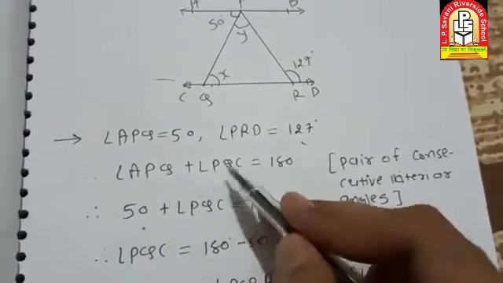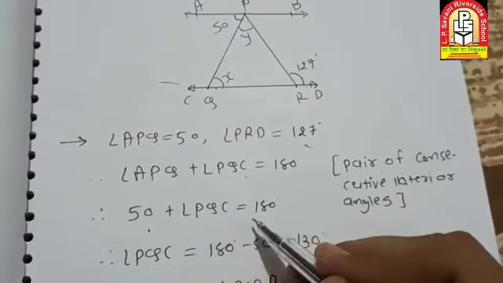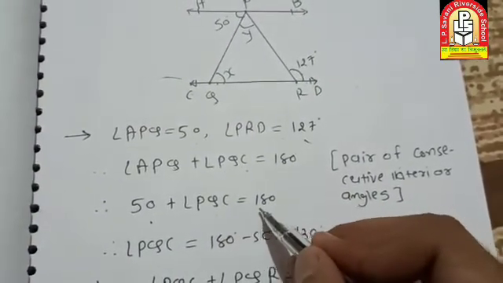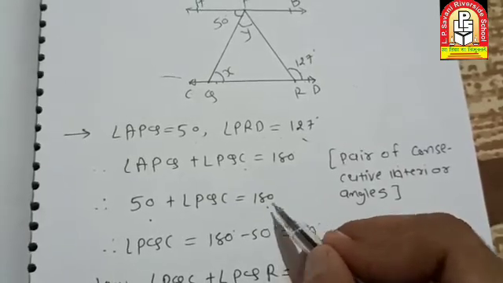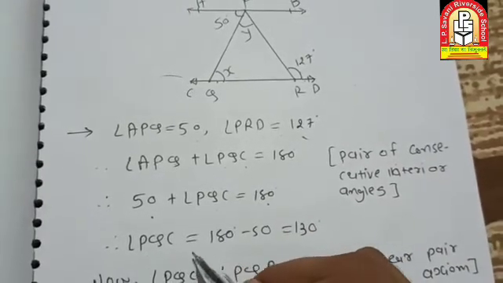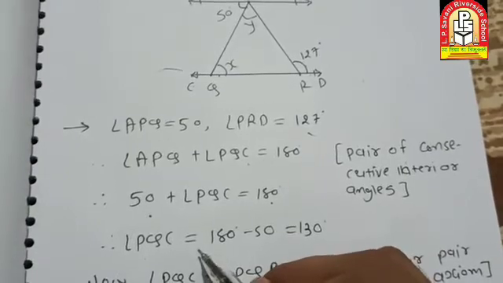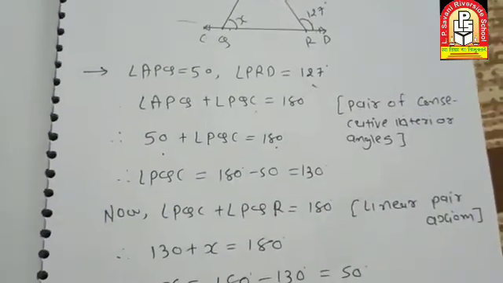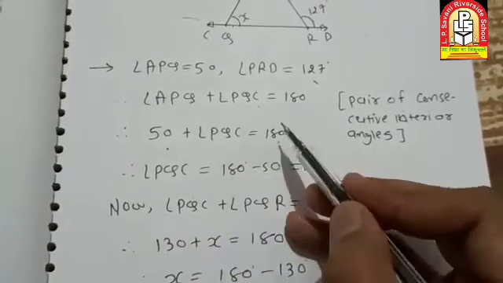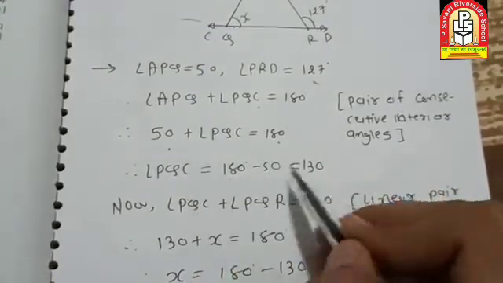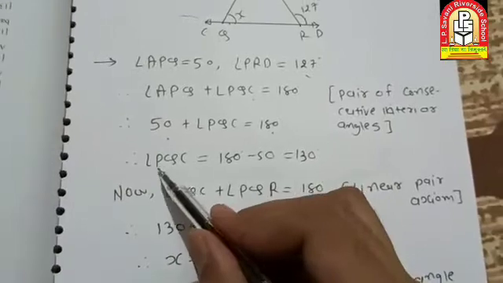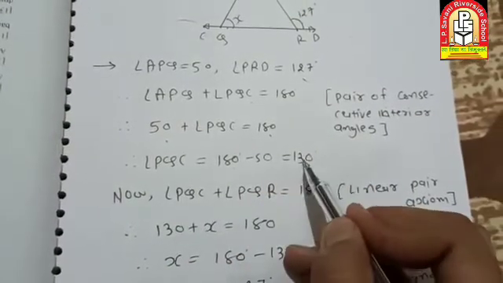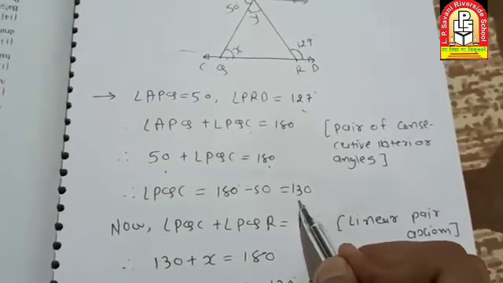APQ is equal to 50 and PQC we have to find, and the sum is 180. After that, PQC is equal to 180 minus 50, that is 130. So we get PQC is equal to 130 here.